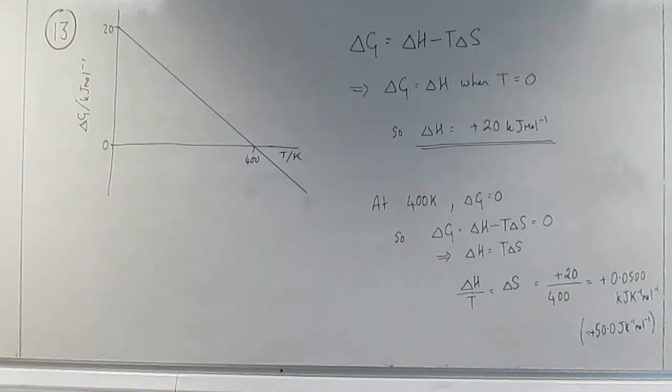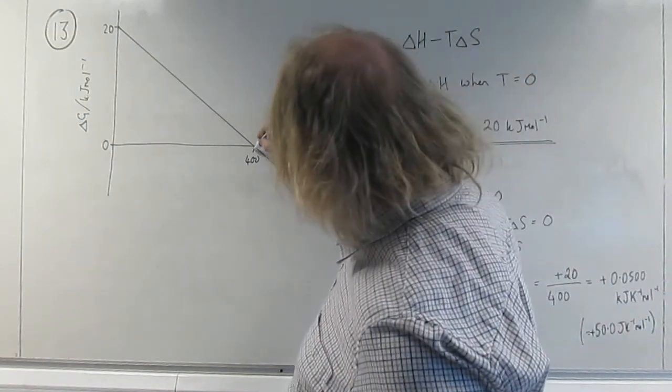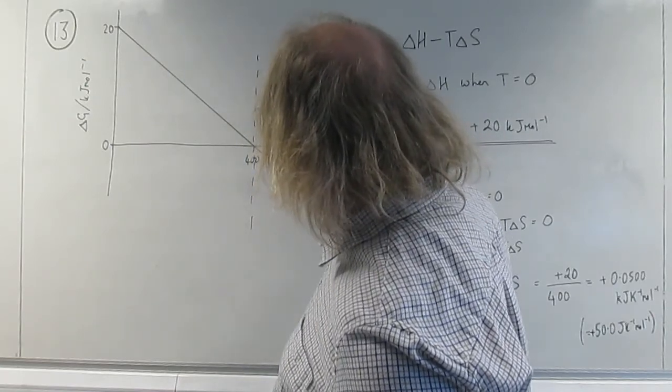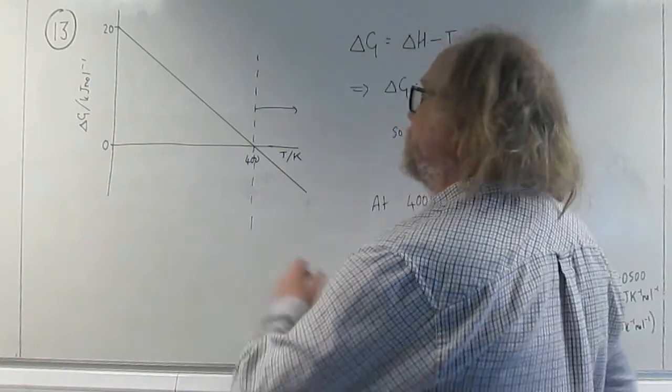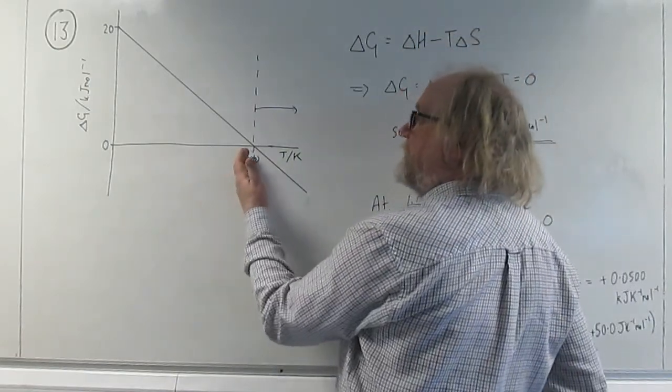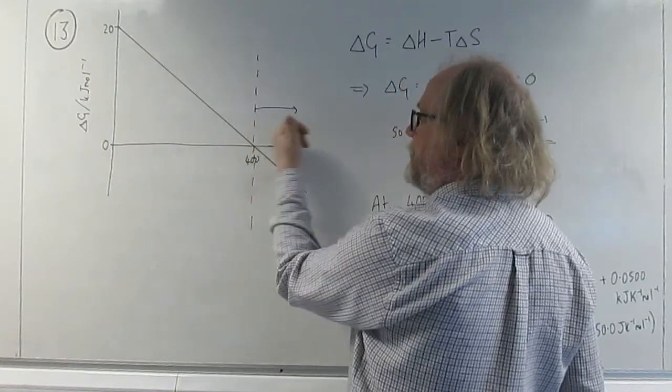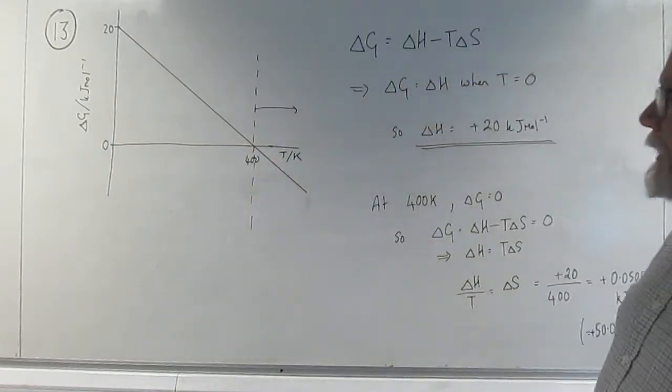Part C wants us to comment over the range of temperatures over which the reaction is feasible, and you can see that that's basically above here, because at all temperatures up to 400 K delta G is positive, which means it's not feasible, but at temperatures above that it becomes feasible.